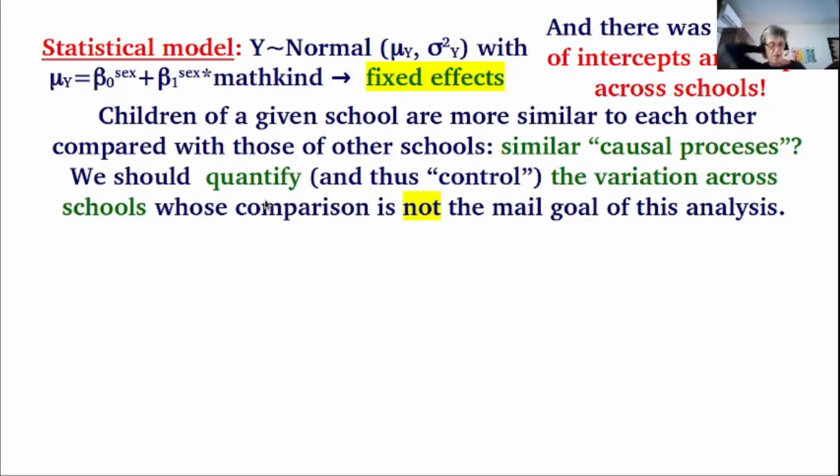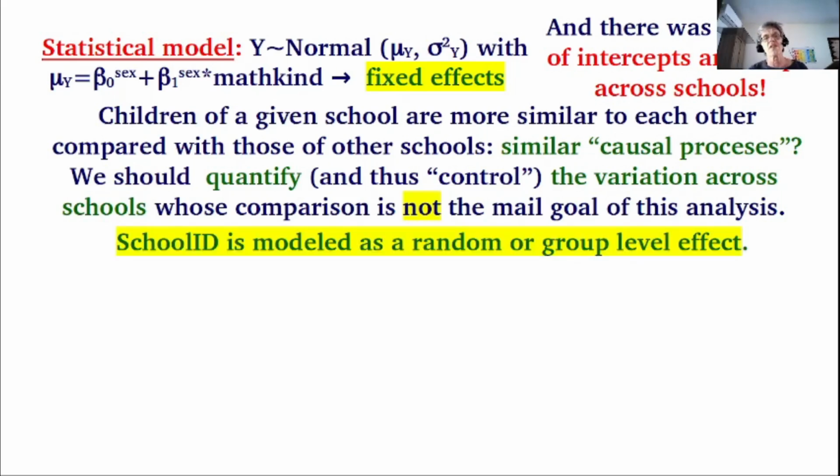What we do now is control the variation among schools, because all the data within a given school are not true statistical replicates, because the values are likely to be correlated to each other within a given school.